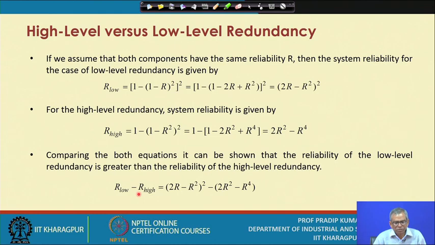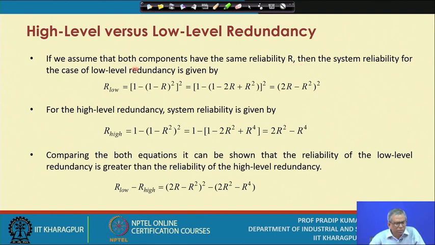With respect to these two components, we assume that both components have the same reliability R. This is a particular case. In general, the component reliability may vary from one component to another, but for simplicity and illustration purposes, we assume that the component reliabilities are the same.